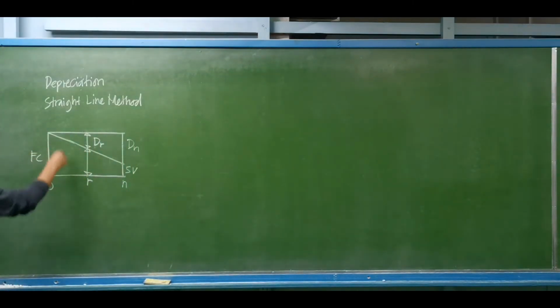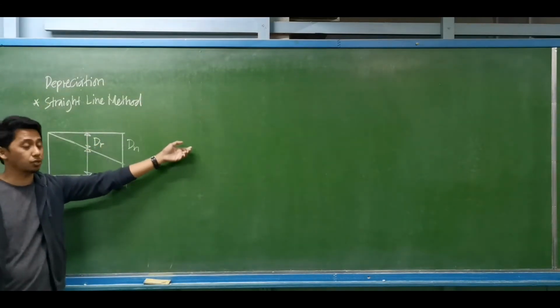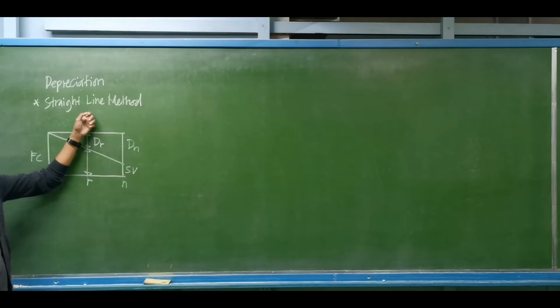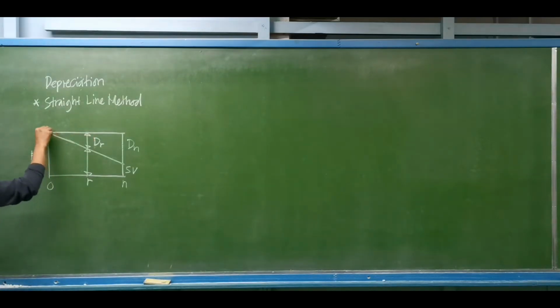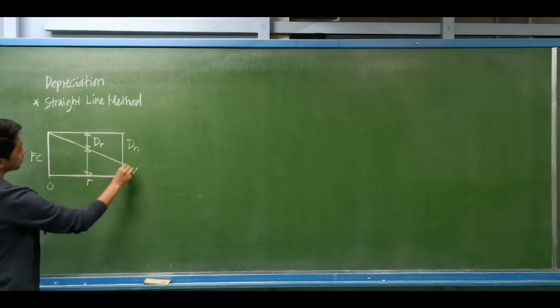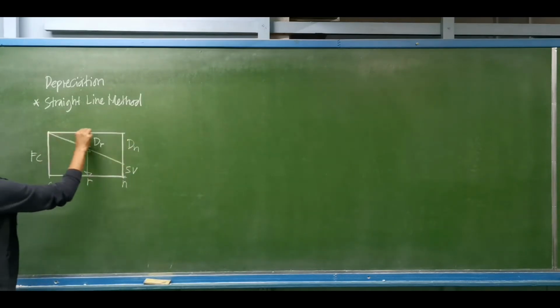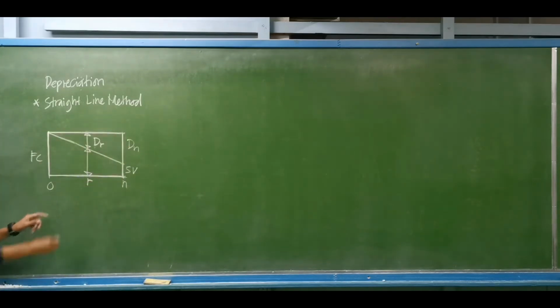We have several procedures for the computation of depreciation. We have the simplest method, that is the straight line method. For example, for this diagram, let's say at year 0, that corresponds to first cost.